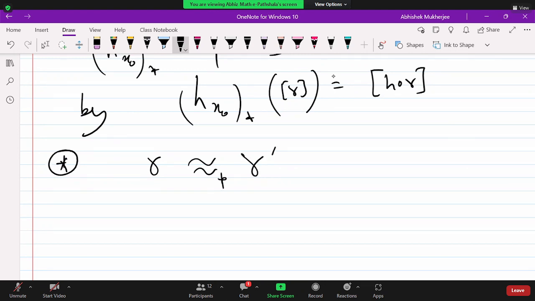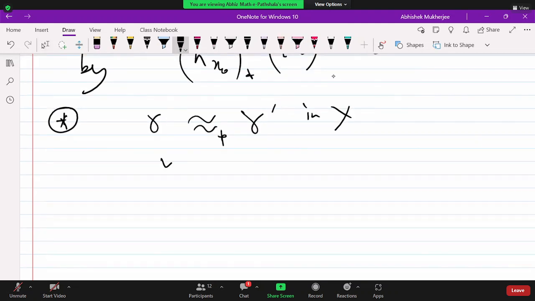If they are path homotopic in X, so these are loops based at x naught, then you must have some path homotopy in between, deforming this gamma to gamma dashed continuously, via a path homotopy f.